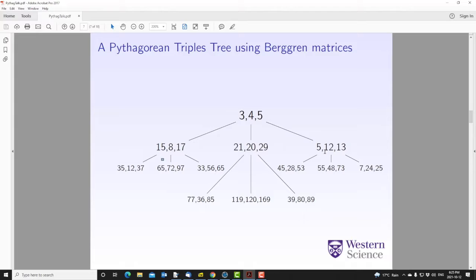And lastly, 5, 12, 13 gives you 45, 28, 53, 55, 48, 73, and 7, 24, 25. The same way, if you choose any of the resulting triples and apply matrix multiplication with either Pythagorean or price matrix, it gives you another three branches, etc.